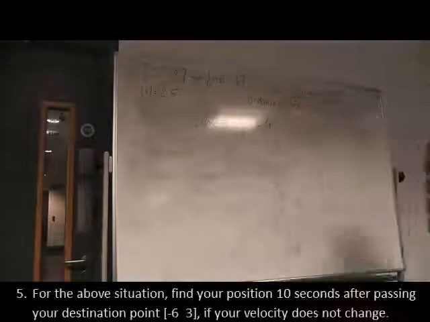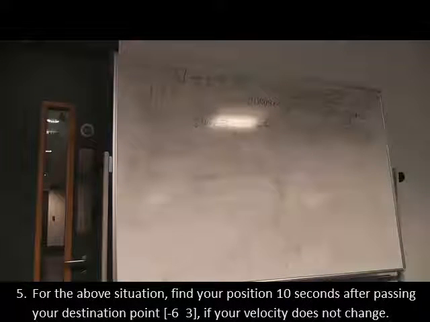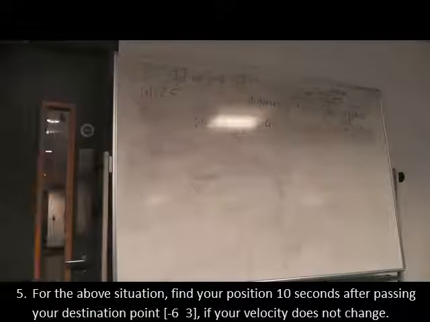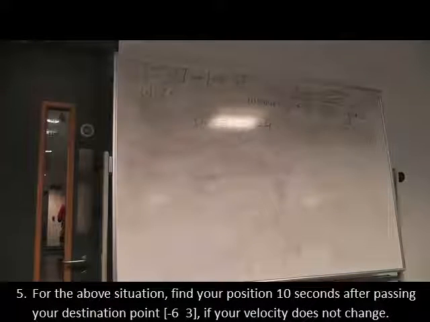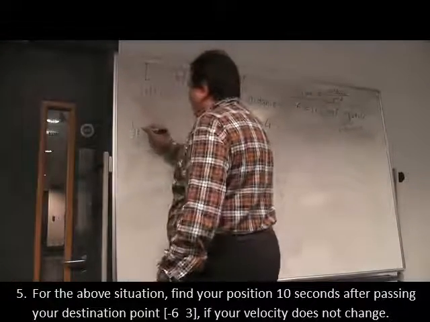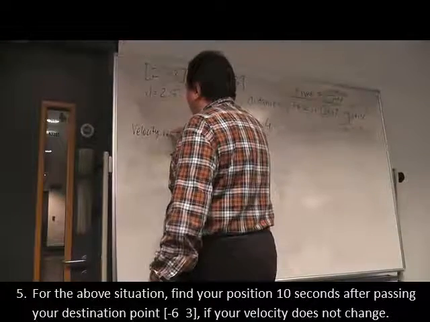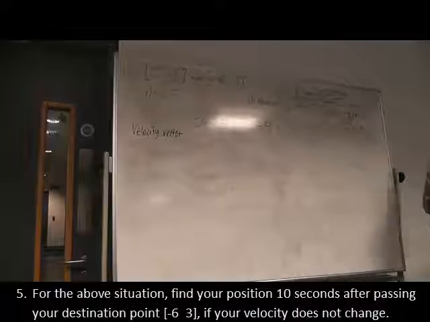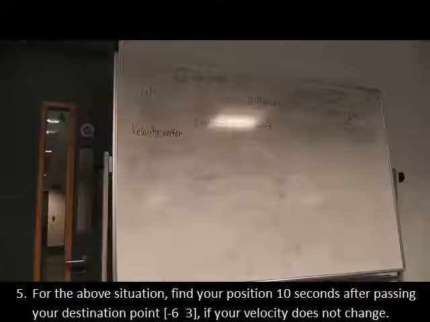The next question, for the same situation, is: find your position 10 seconds after passing your destination point (-6, 3), if your velocity doesn't change. This time we have to find the velocity vector, because we will be using the motion equation.